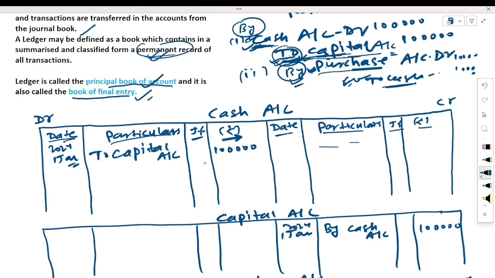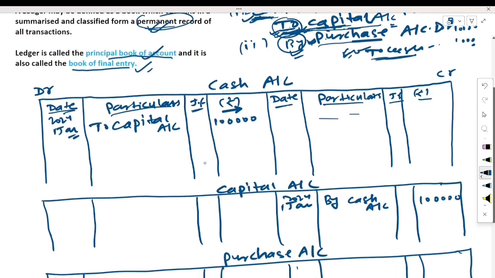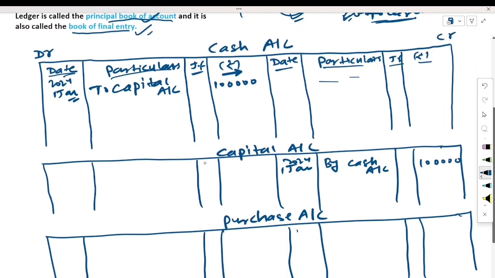So first of all, we will have to transfer the "to" side. So in purchase ledger book, we will write here "to cash account". How much amount was purchased? 10,000. We will write here 10,000. Suppose 2nd January, like this.